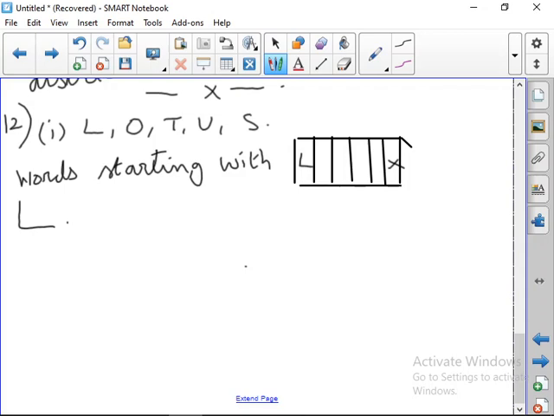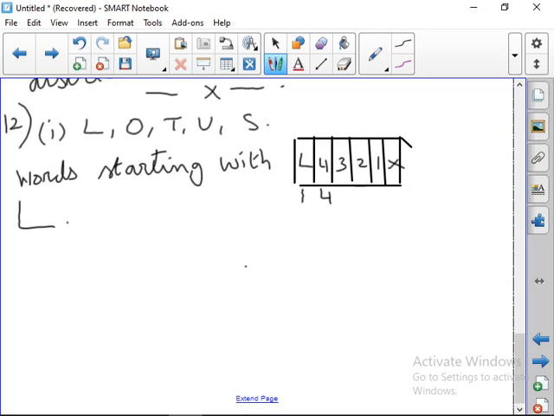So 5 columns. So starting with L, therefore it takes only one way. Then remaining, L we have taken, so remaining there are 4. Then 4, 3, 2, 1.